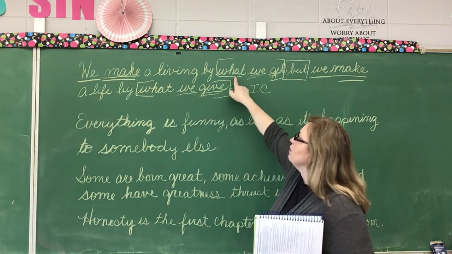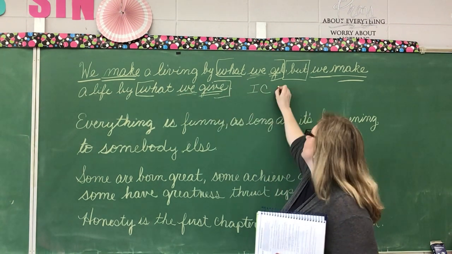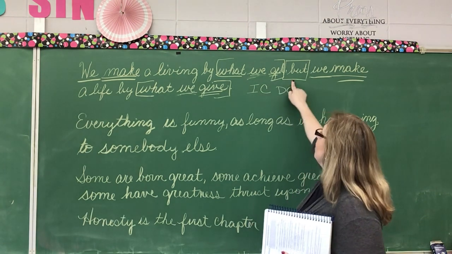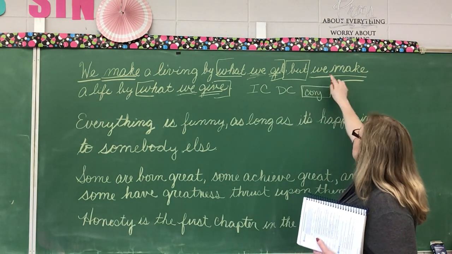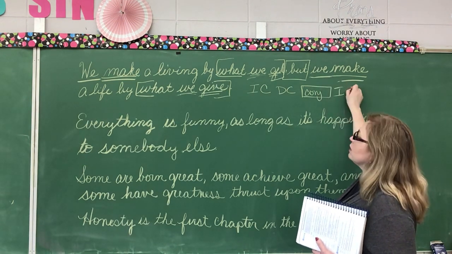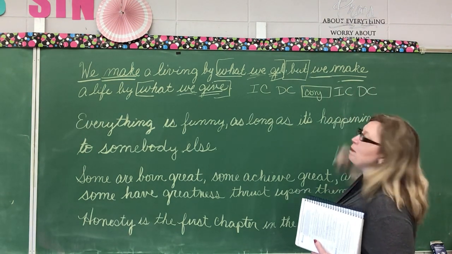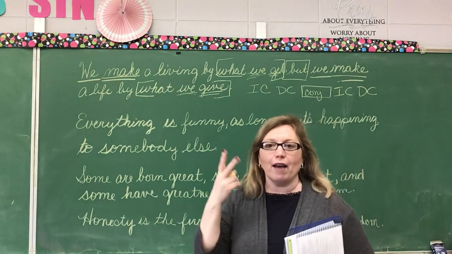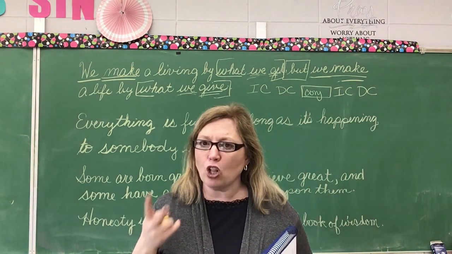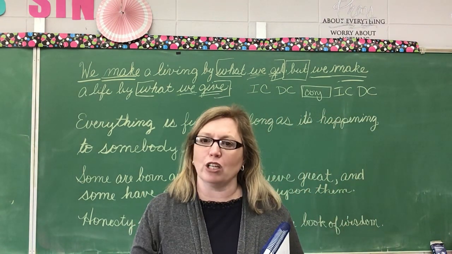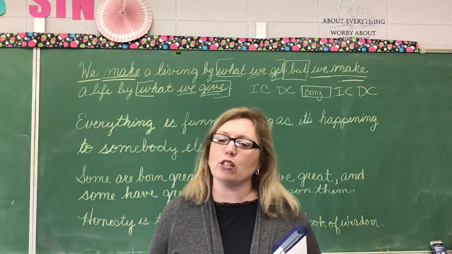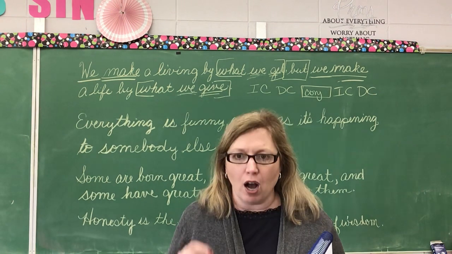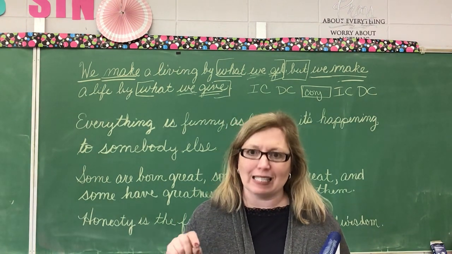Then coming across, we found that we had a dependent clause. Then we found we had a conjunction. Then we found an independent clause and then a dependent clause. So I have two independent clauses joined by a conjunction, and I have at least one dependent clause, so I have a compound, complex sentence.